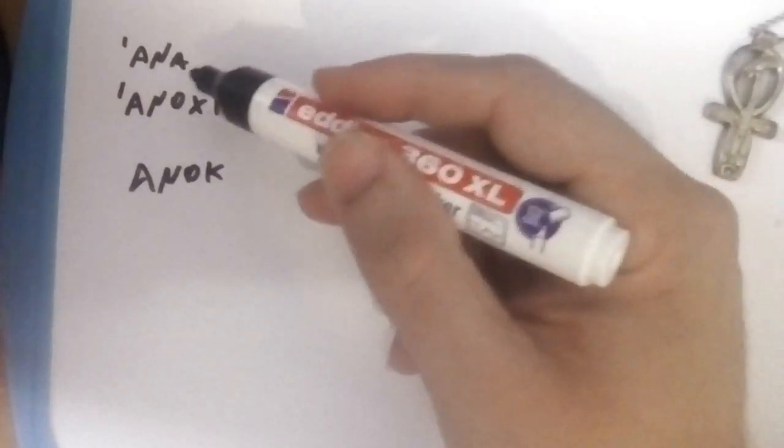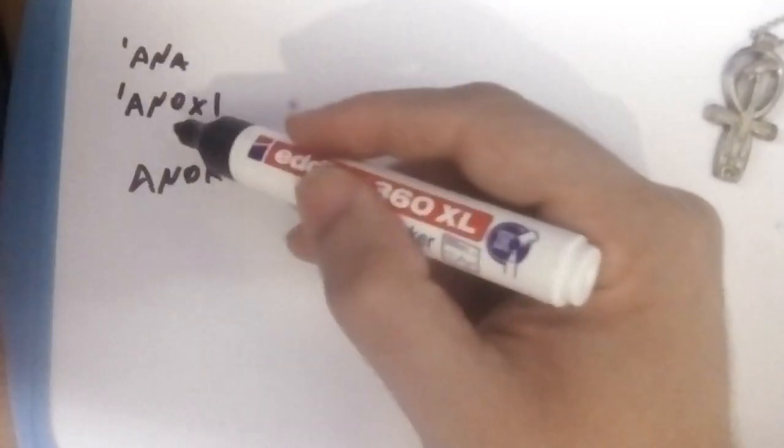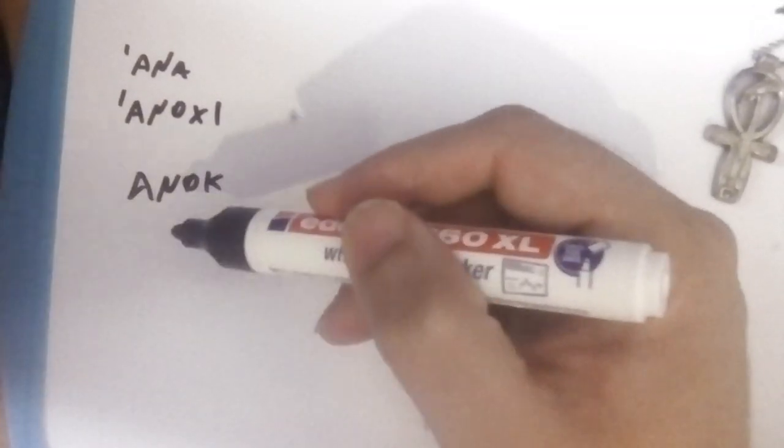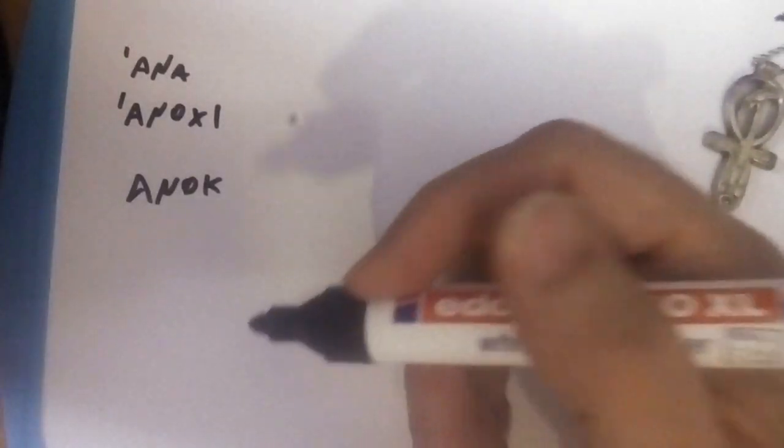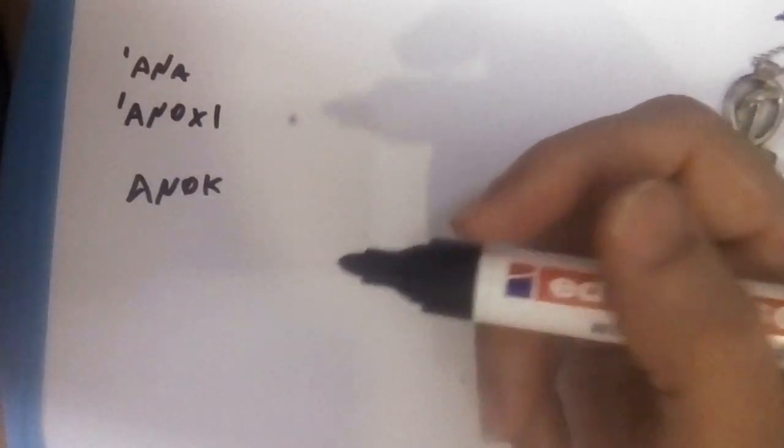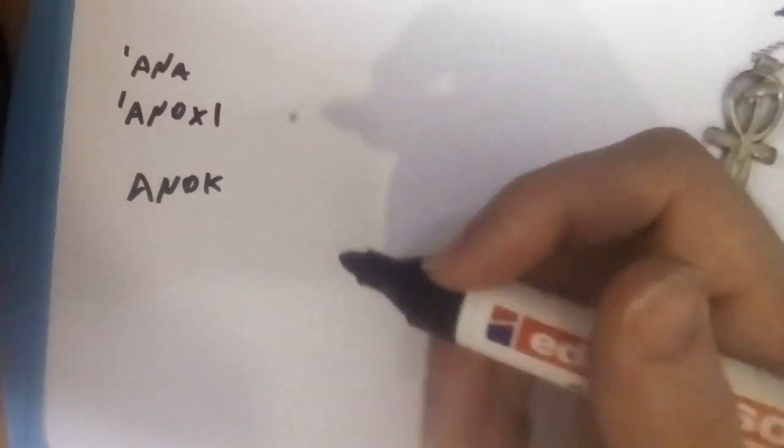So with information from Arabic and Hebrew and other ancient languages of that family, we can get some understanding of the Egyptian.